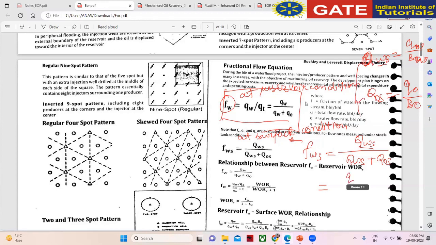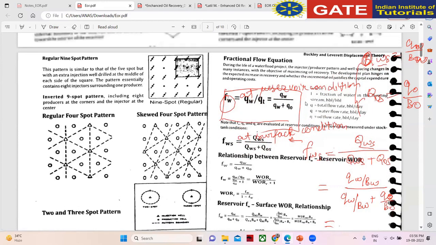So FW will be QW slash BW divided by QW slash BW plus QO slash BO.